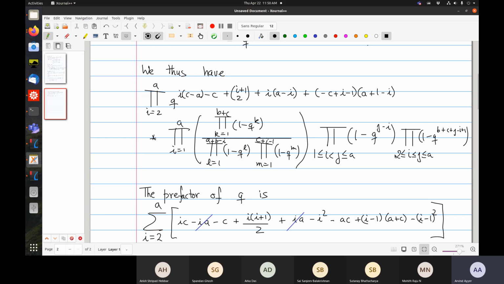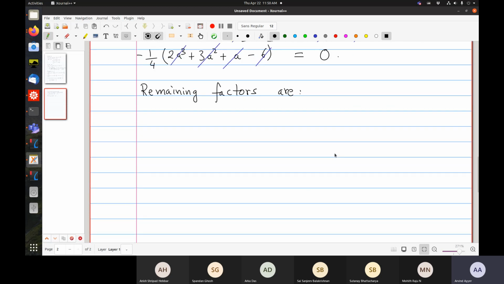Here I runs from 2 to a. So what I will do is I will multiply and divide by this case when I is 1, and I'll include that also. For here now j goes from I to a. Okay, so let me write all that carefully.